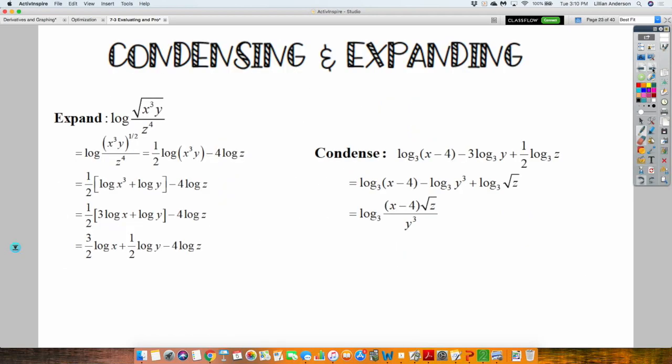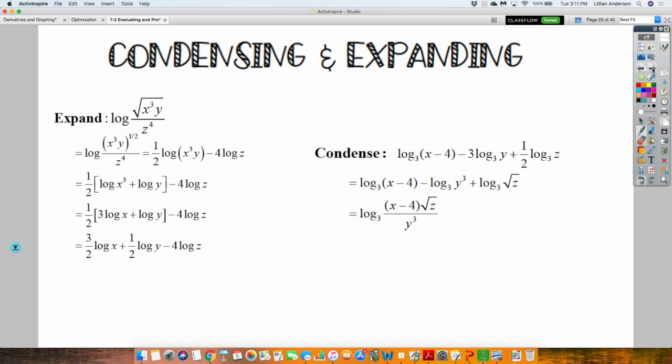Okay? Last little bit. Condensing and expanding. This is when you can take the most complicated of logarithmic expressions and expand them out all the way. You have 3 worked out examples of how you can expand a logarithm or condense a logarithm. But either way, they're using the rules, they're using the properties to do so. Okay?